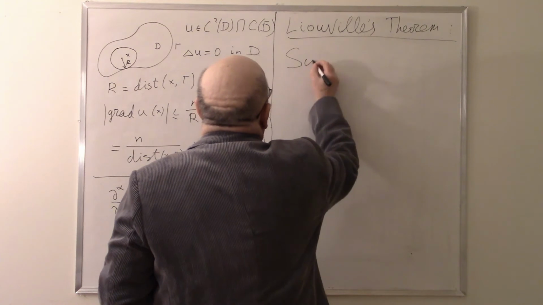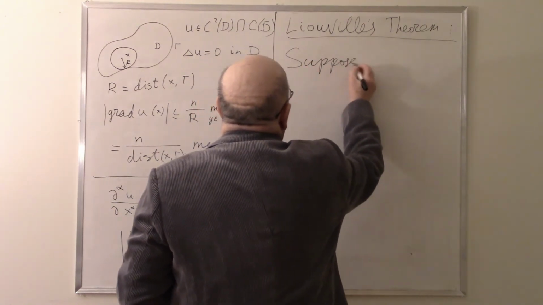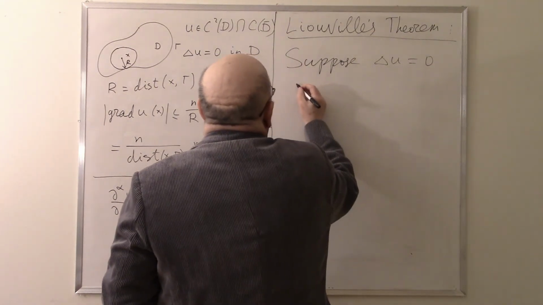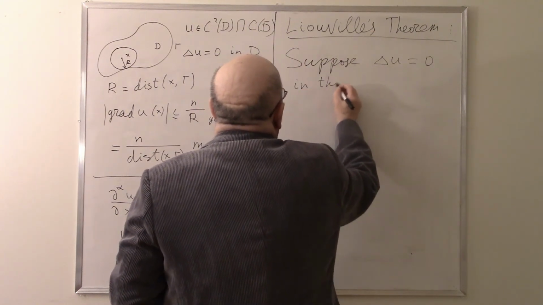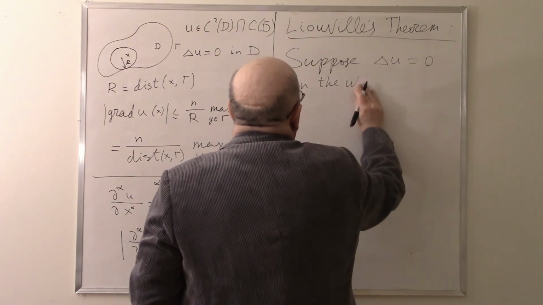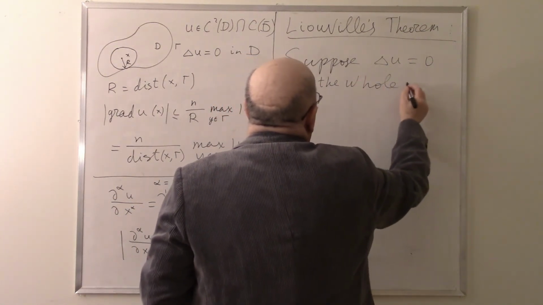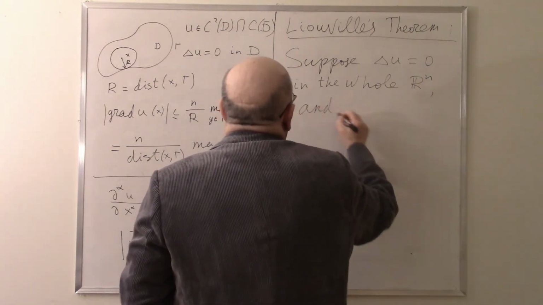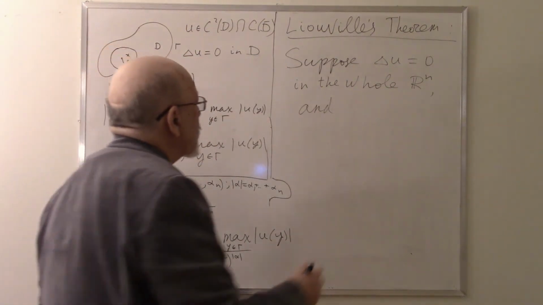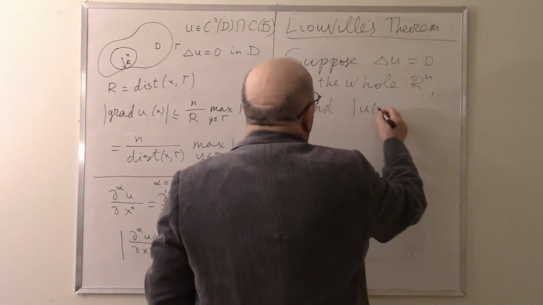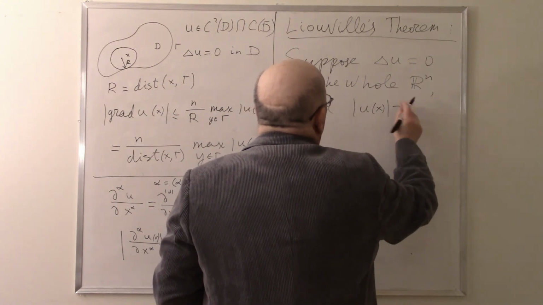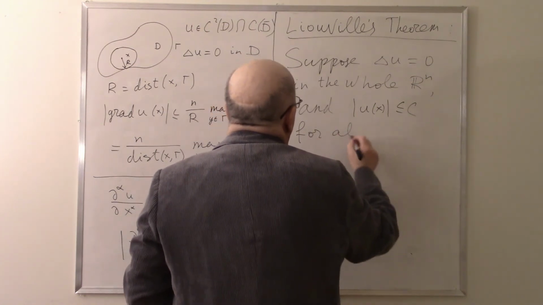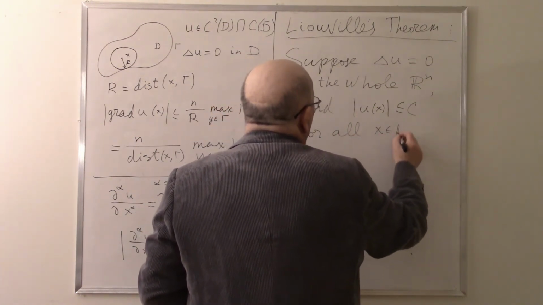Suppose Laplacian u equals 0 in the whole R^n, and the modulus of u(x) is less or equal C for all x in R^n.